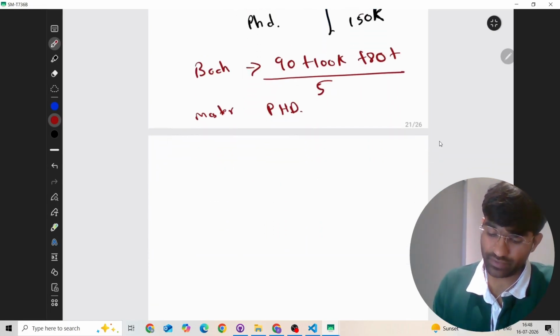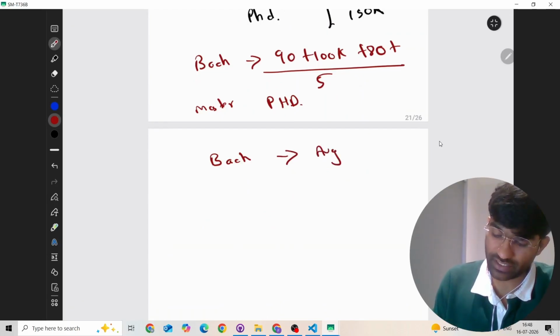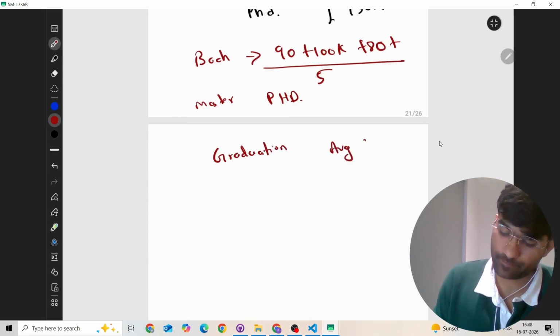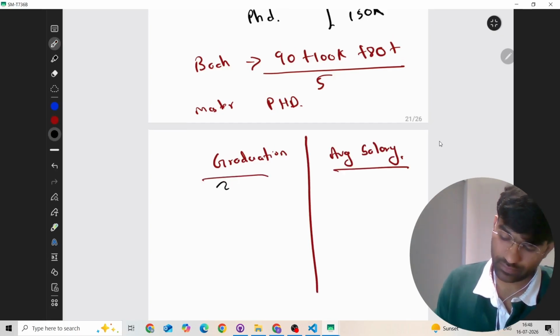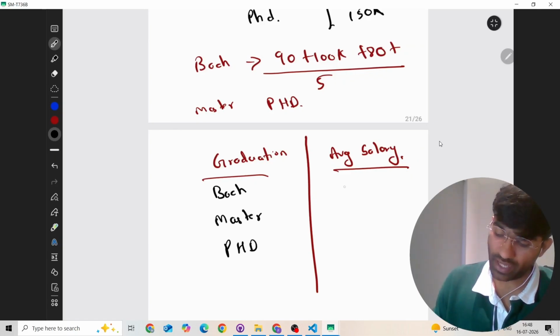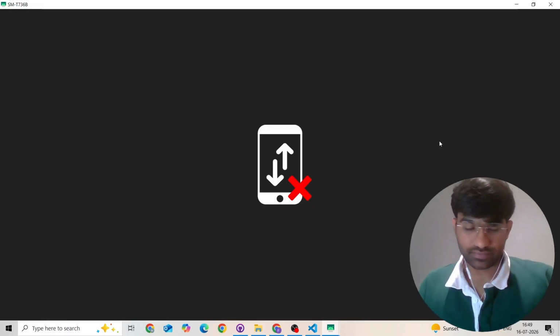And based on the average, suppose we got for bachelors the average salary is 80k, for masters the average salary is 120k, and for PhD the average salary is 50k.